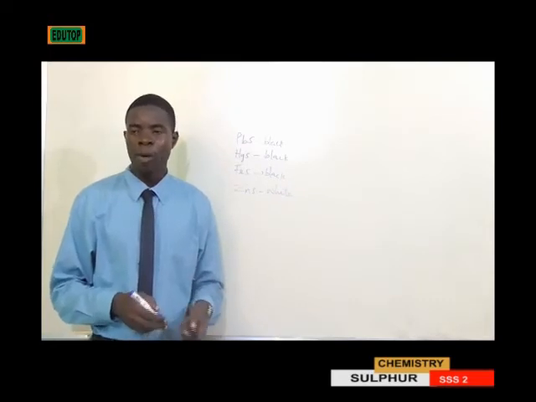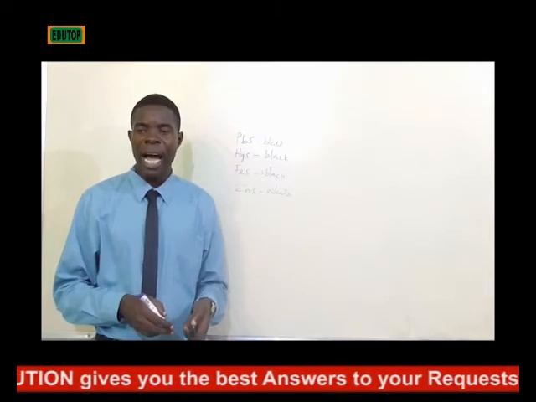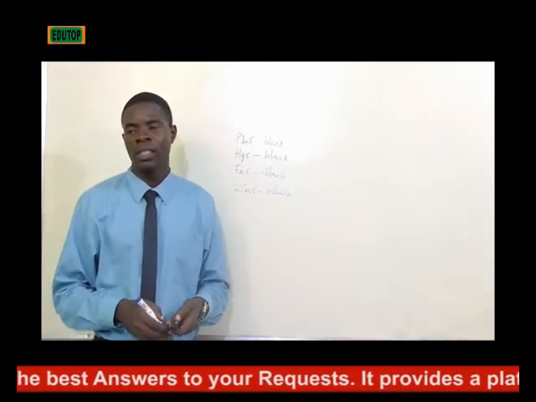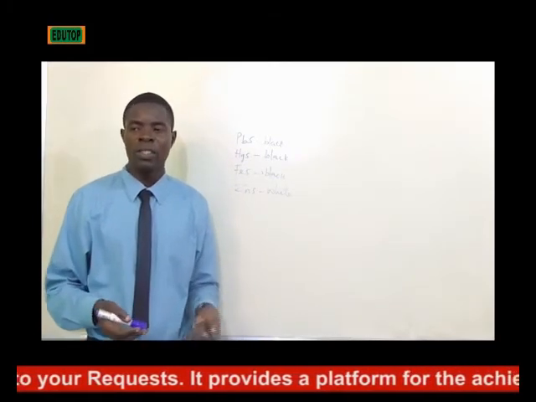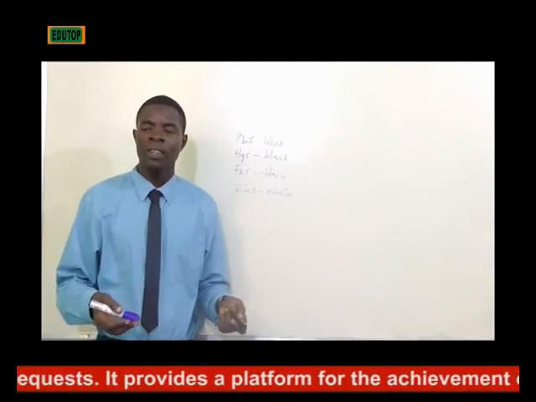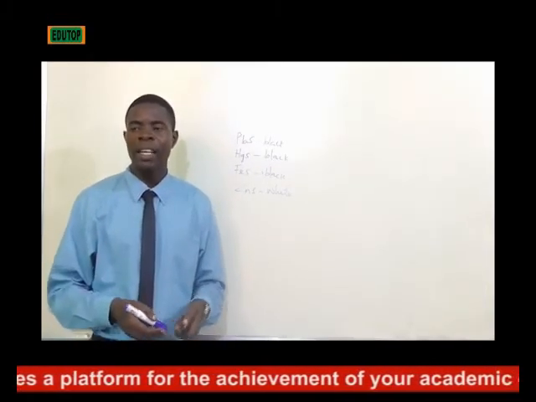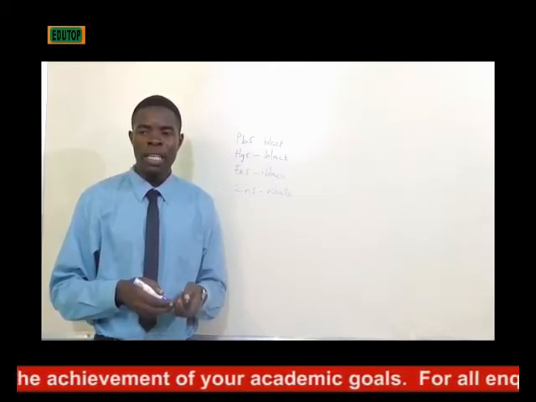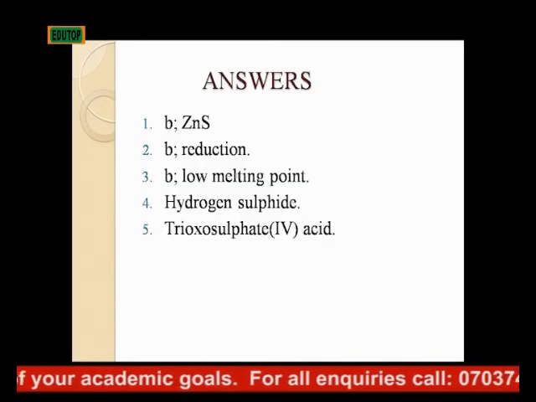Question number 3. The property of sulfur used in its extraction by the Frasch process is dash. Allotropic nature cannot be the answer, so A can never be it. What makes sulfur suitable in the Frasch process is its low melting point.